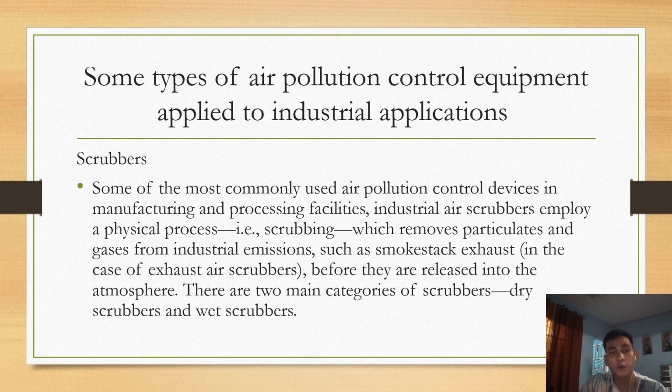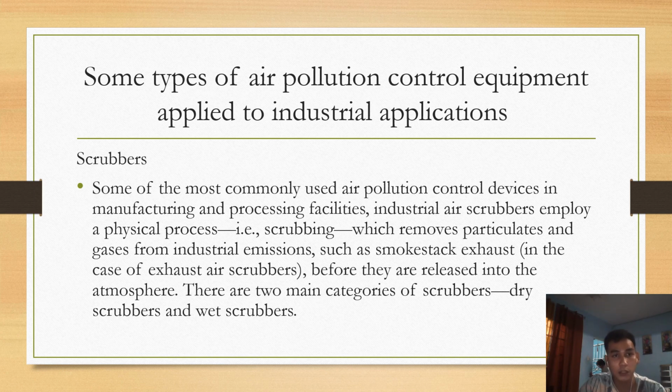Some types of air pollution control equipment applied to industrial applications, and which utilize one or more of the methods of air pollutant removal or reduction mentioned above, include scrubbers. Scrubbers are some of the most commonly used air pollution control devices in manufacturing and processing facilities.